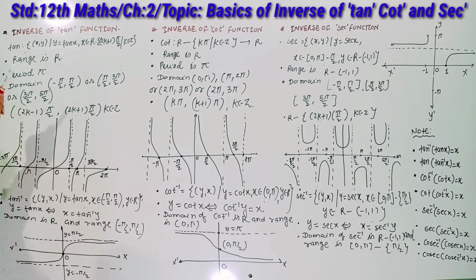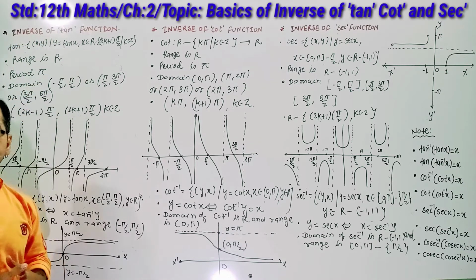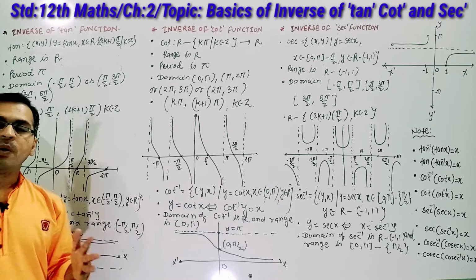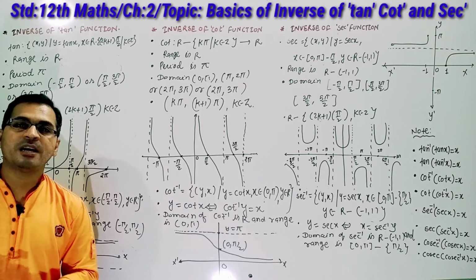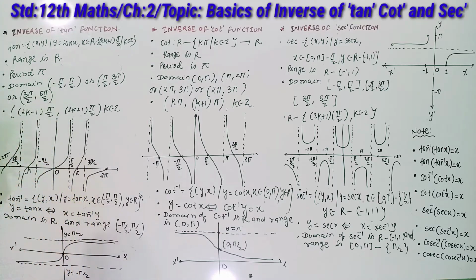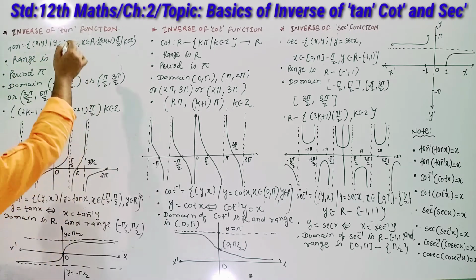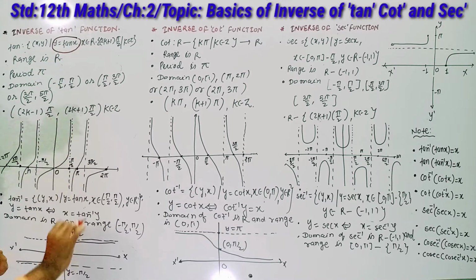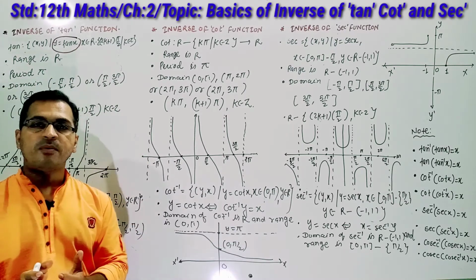Students, we know that the tan function is a many-one function but is defined on R, and we have discussed that trigonometric functions can be made one-one and onto. So we can define the function y is equal to tan x, where x belongs to the real numbers. And what are real numbers?